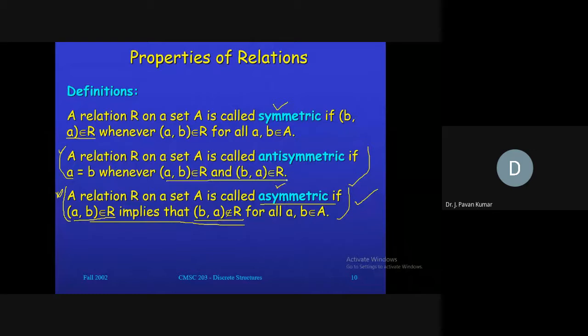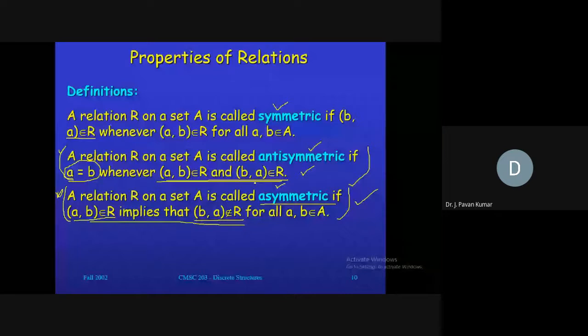Okay. Now consider the second definition, antisymmetric: whenever (A, B) belongs to R and (B, A) belongs to R, if these two conditions are satisfied, then A is equal to B. Only then will these two be part of the relation. Such a relation we call antisymmetric. Otherwise, we should not have symmetric pairs in the relation.